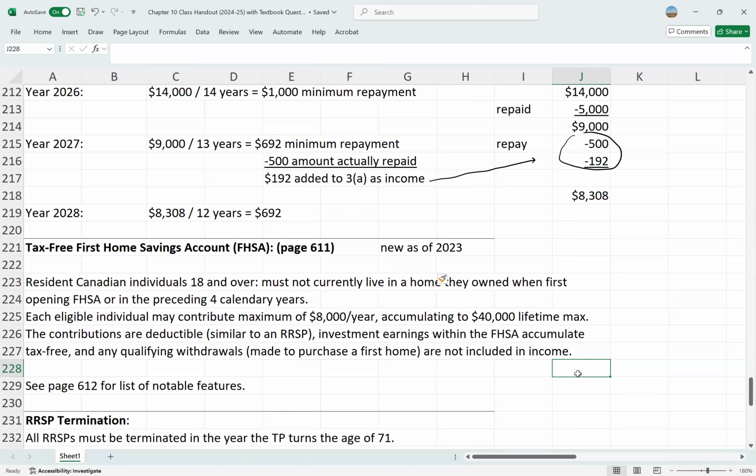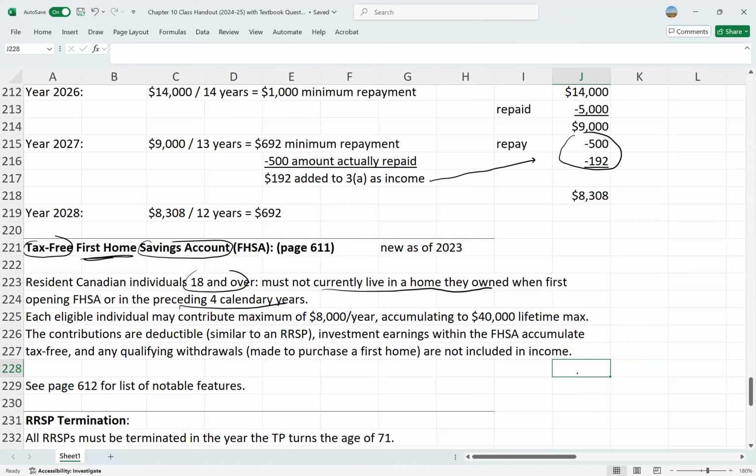This is not RRSP, but it's similar to a tax-free savings account, because if you see here, it does have the words tax-free savings account. But the only thing that's added is it's for your first home. So if you're 18 or over and you do not currently live in a home that you owned, or in the preceding 4 calendar years, and that's the same thing that applies for the home buyers plan as well.